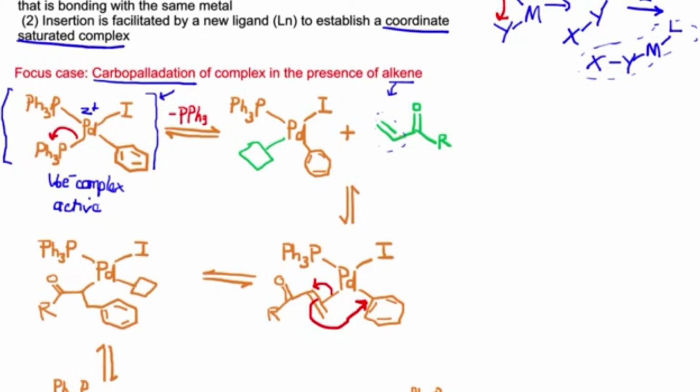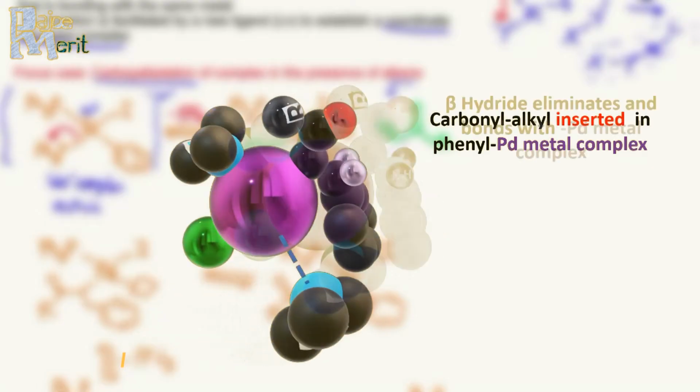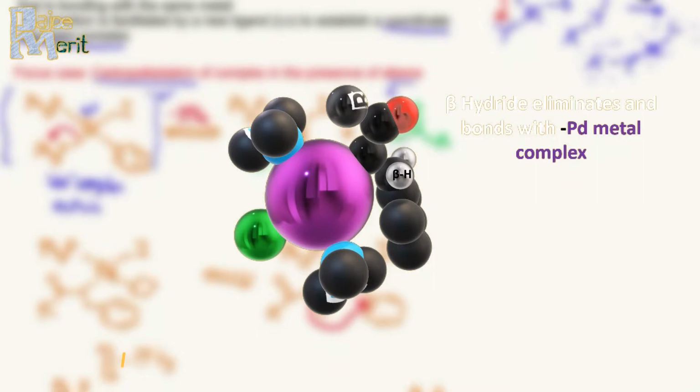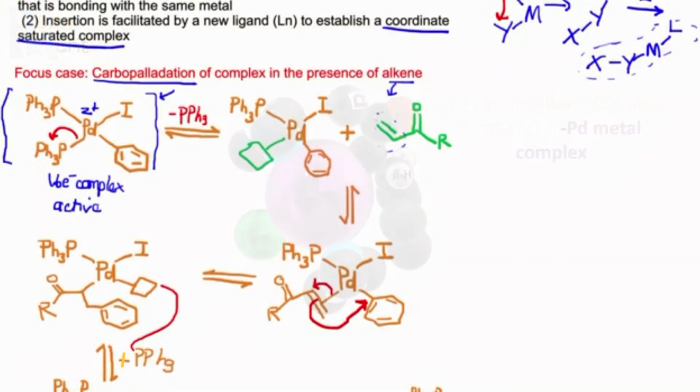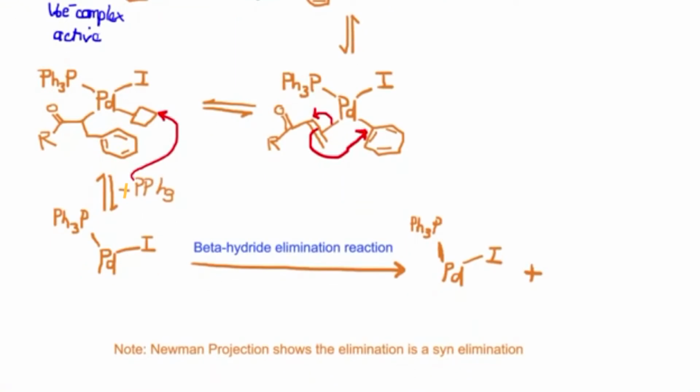To saturate this empty spot coordinatively, we introduce our phosphine back, which fills that spot up, making the overall complex coordinatively saturated.